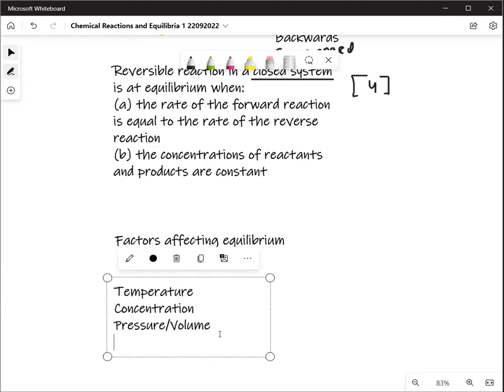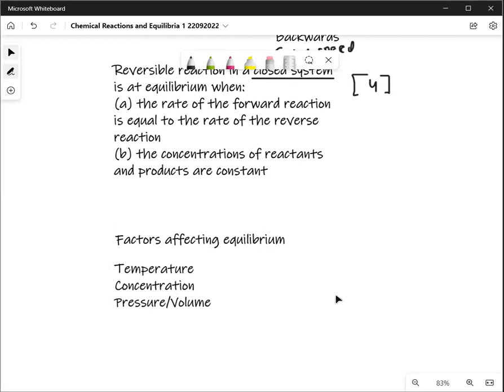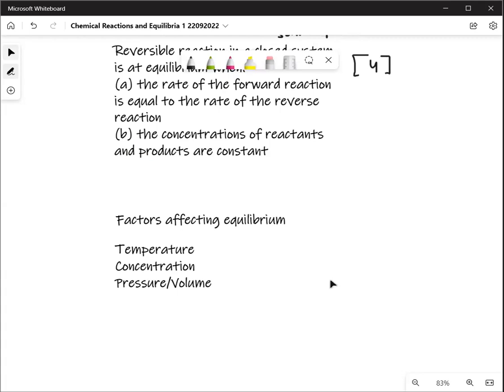Yes, you should. These three, nothing else. Now we have another thing called a catalyst.